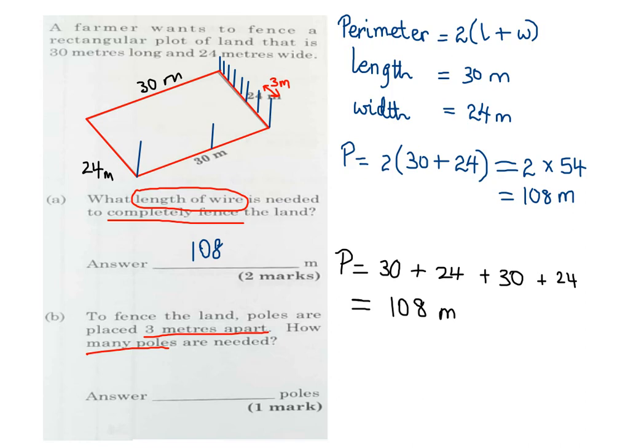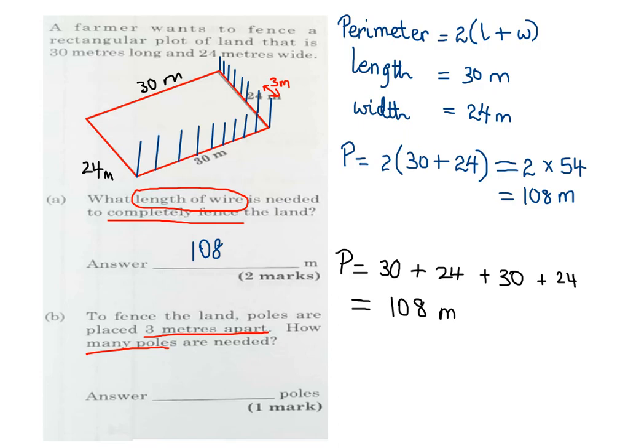So let's see if our illustration can work out nicely. We'll get an idea of how many have to go along each side of the land, and that might help us with estimating the total number of poles, right? So that's 1, 2, 3, 4, 5, 6, 7, 8.